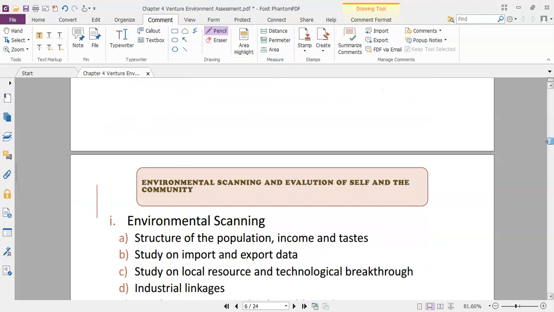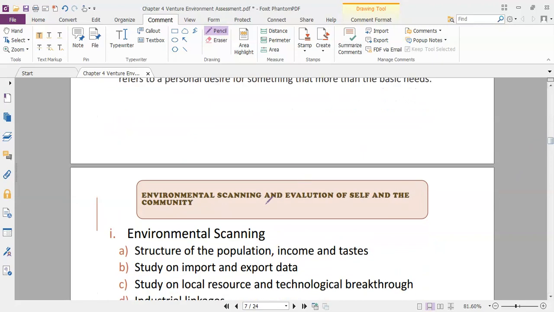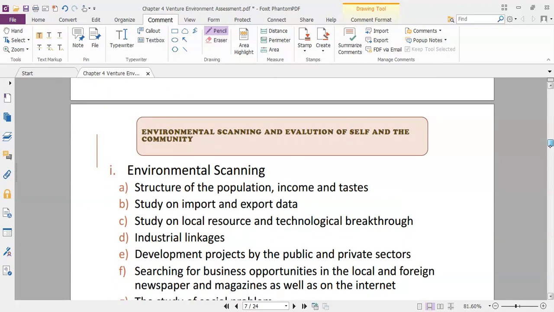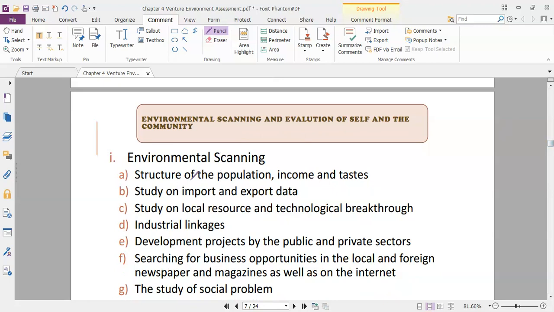As mentioned before. Then the second one is environmental planning and evaluation of self, family, community. So environmental planning, for example, structure of the population, income and pay. We should scan and analyze the structure of the population in Seremban, for example.